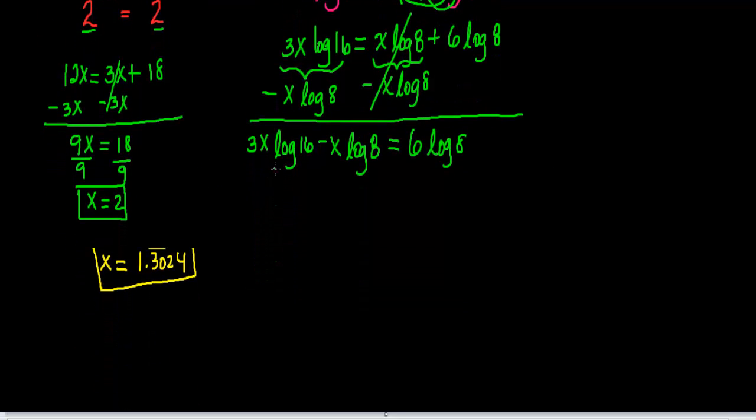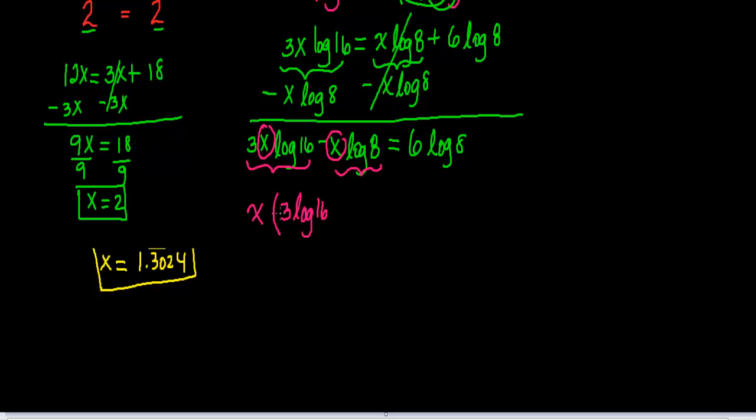Okay? Now on this side, notice that this term and this term have something in common. They both have an x as a factor. So I can factor out an x, and this is how you do it, factoring. You factor out an x, and inside you're going to have 3 log of 16.